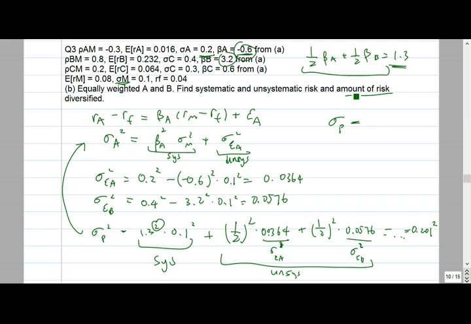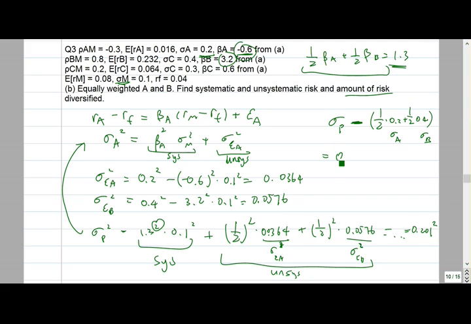So the amount of risk diversified is just the risk without diversification, which is just the weighted average of the individual risks, half of A and half of B, so this is sigma A, not sigma A squared, minus this risk.